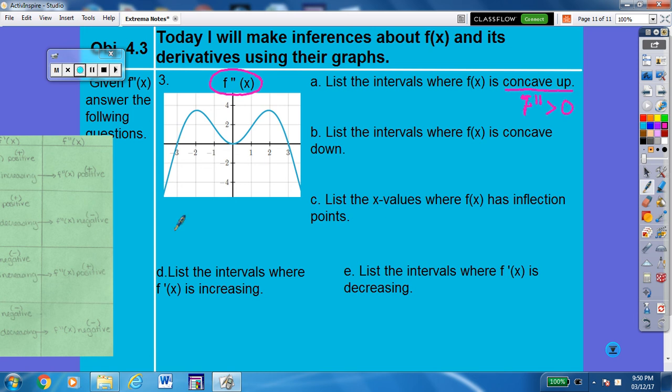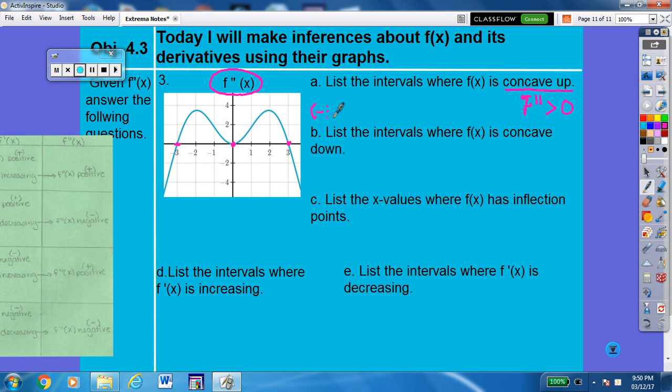Okay, so I'm going to look at the graph here, second derivative positive. That basically means above the x-axis. So we start at -3. This is all positive. It does hit 0, so I'm going to have to exclude that, and then it continues positive to here. So basically everything above the x-axis without including 0.